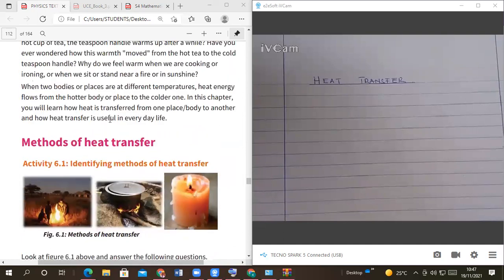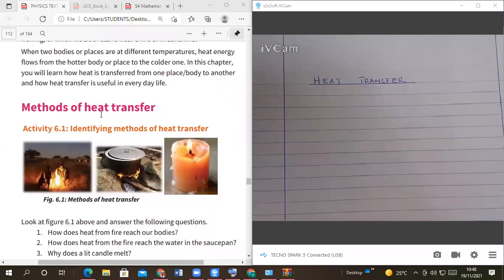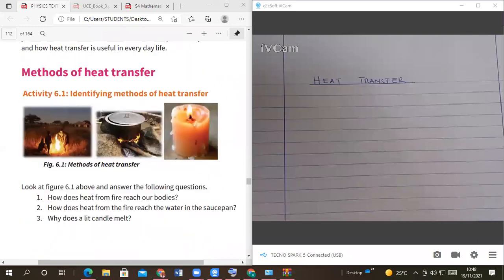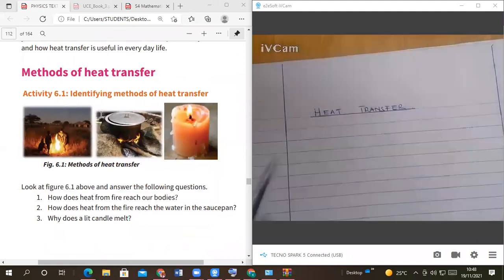So, when two bodies or two places are at different temperatures, heat energy flows from the hotter body or place to a colder one. In this chapter, we learn how heat is transferred from one body or place to another, and how heat transfer is useful in our daily life. So let us write first the definition of heat transfer.